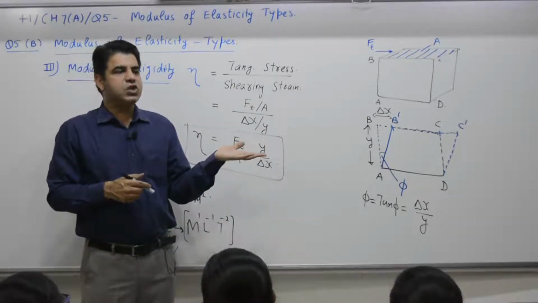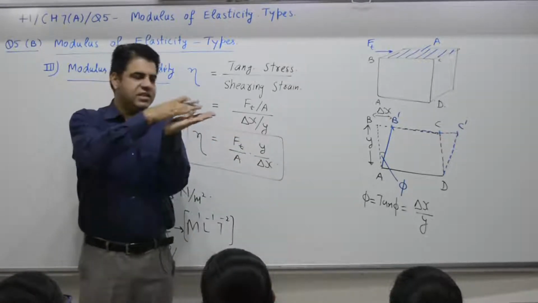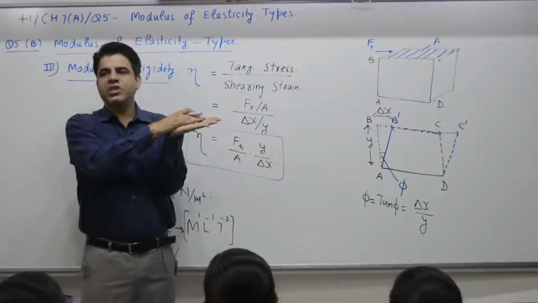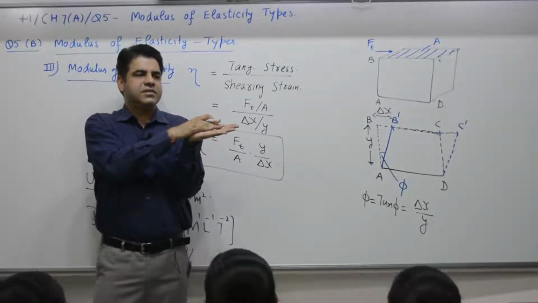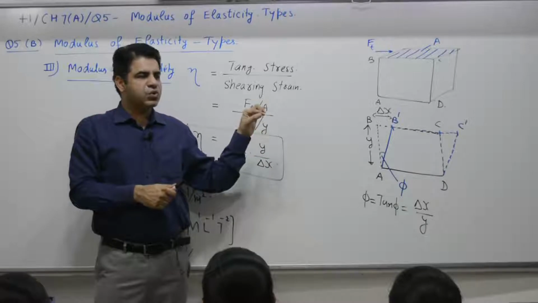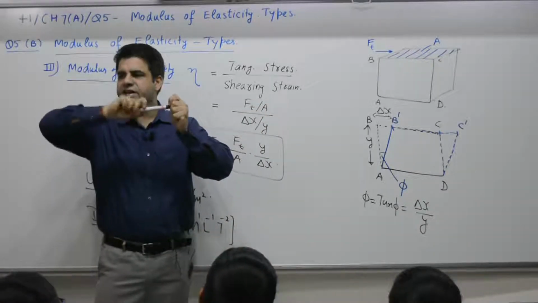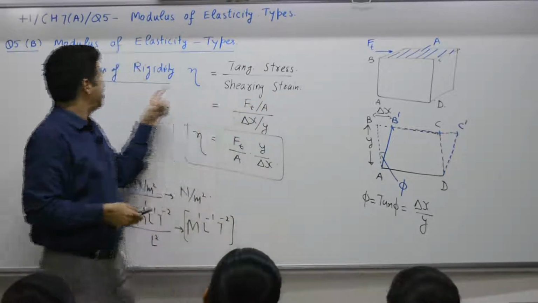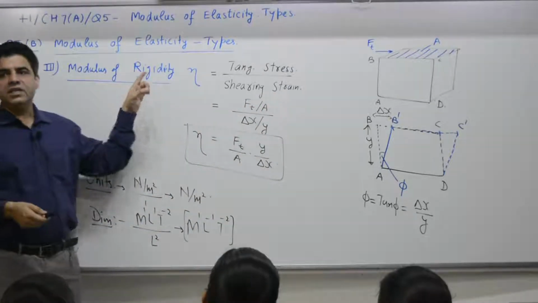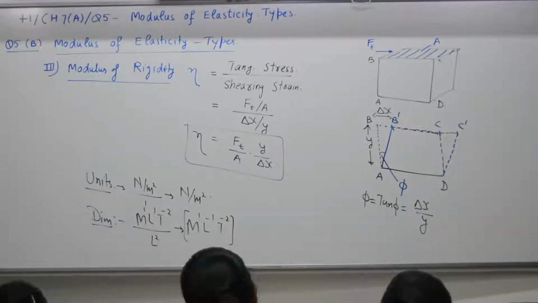If eta is low, one layer shifts more in comparison to the other and you lose the sole. So for a screwdriver, when you turn it, its modulus of rigidity, eta, should be high. 3 minutes with you to write.